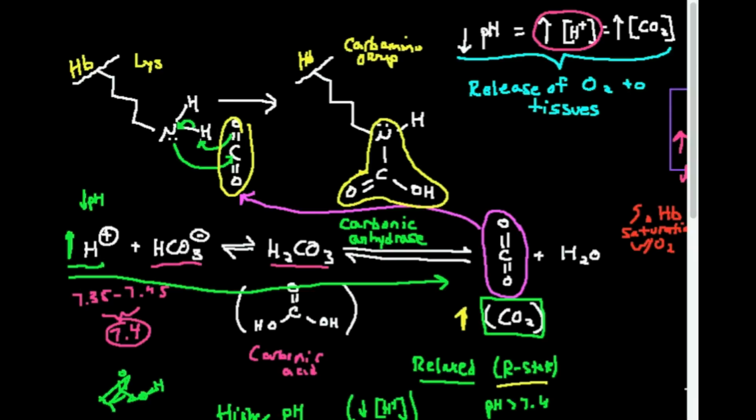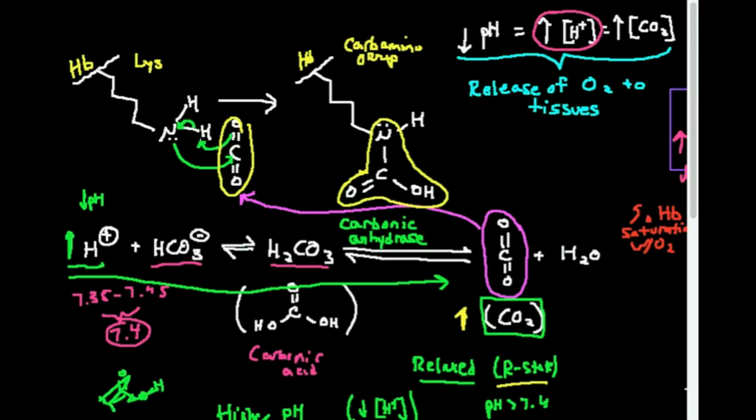If you took A&P or physiology, one of the things you generally talk about is how oxygen and CO2 travel in the blood. You probably have heard most oxygen is bound to hemoglobin, right? You probably have also heard that some percentage of CO2 is also bound to hemoglobin. This is actually how it's bound. It's not bound directly in the form of carbon dioxide, it's in the form of a carbamino group.